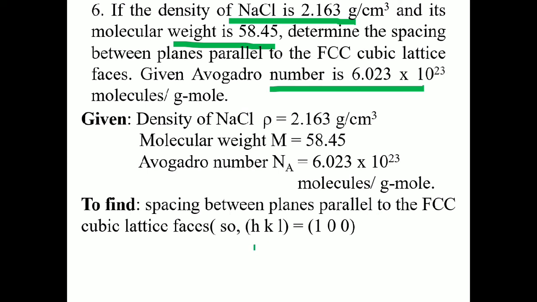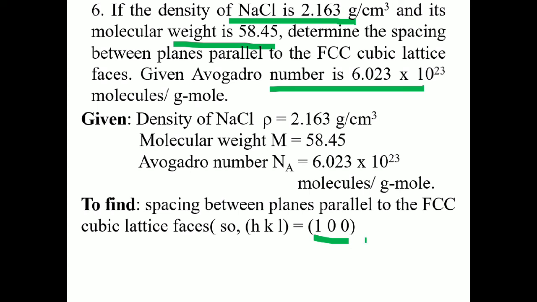Faces means every face of a cube will be represented in terms of 100 or 001 or 010 or 1 bar 00 etc., which I told you while talking about the planes, crystal planes in our previous lectures.